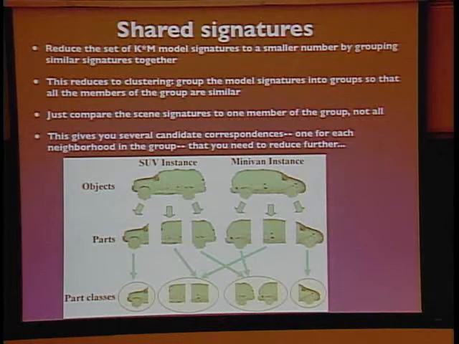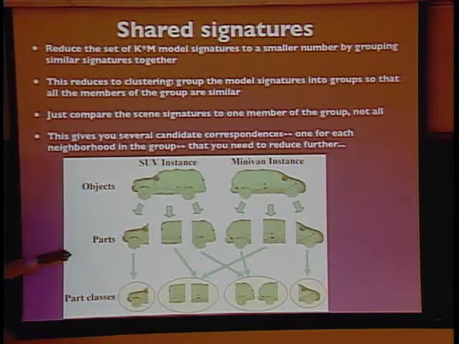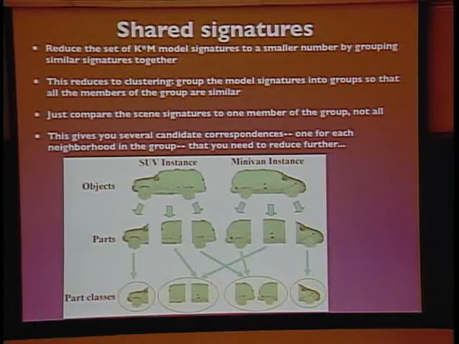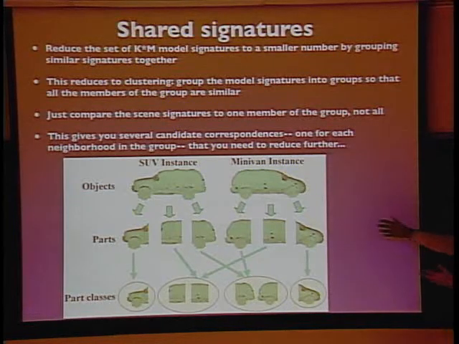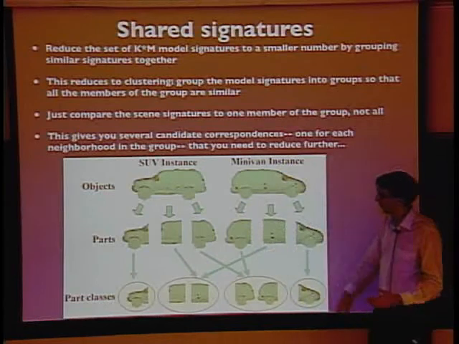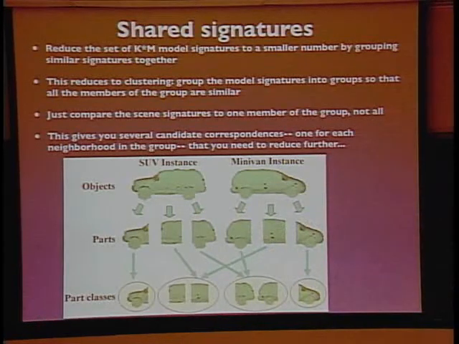So again, we started to talk about this last time, the question of shared signatures. What we can do if we have a set of object categories, by which I mean something like SUV being a category, minivan being a category, pickup truck being a category, is break each one of those objects into parts using some algorithm for breaking it up into parts. What we do after that is really up to us.